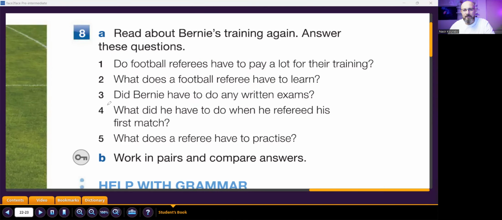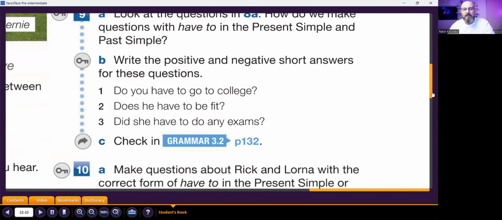In the past, auxiliary, subject, have to, infinitive. In the past with the question word, auxiliary, subject, have to, infinitive. So they all have the same structure.